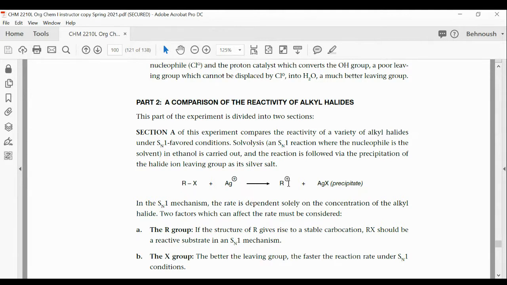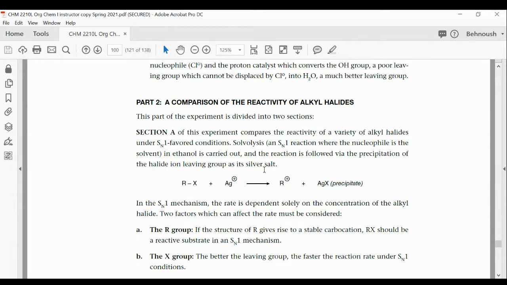So if the tertiary alkyl halide goes through an SN1 reaction, first a tertiary carbocation is going to form. When the tertiary carbocation forms, it is more stable, so you are going to get a faster reaction. So tertiary carbocation is more reactive toward SN1 substitution.